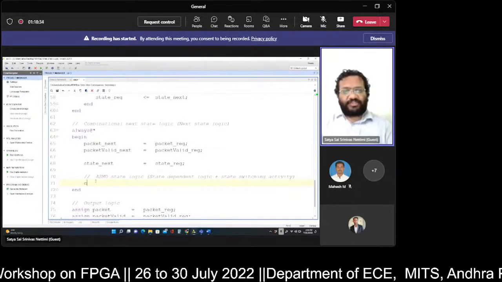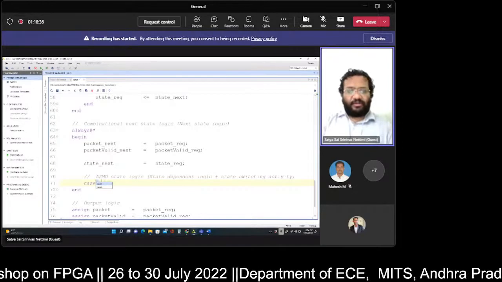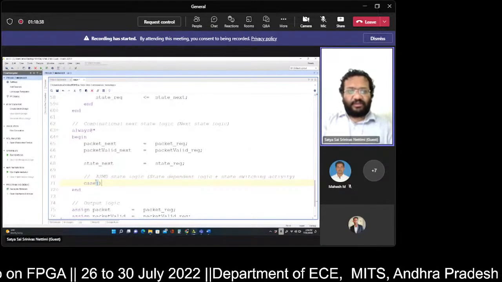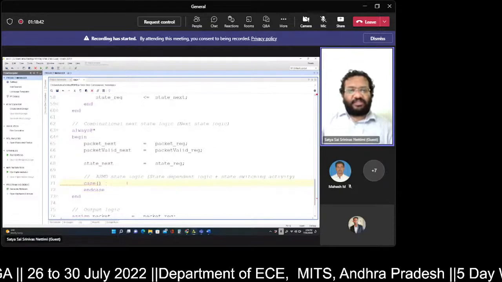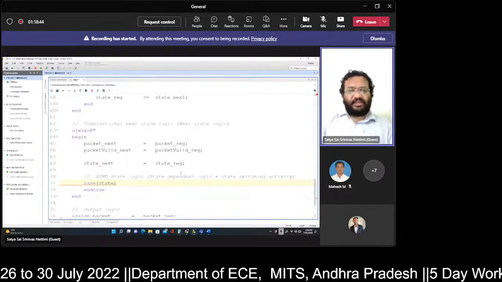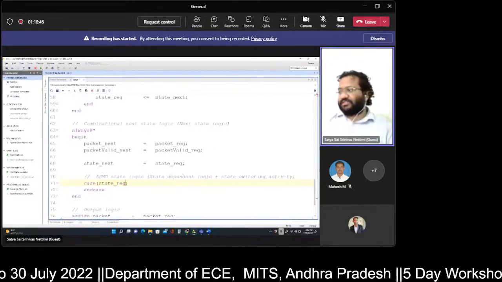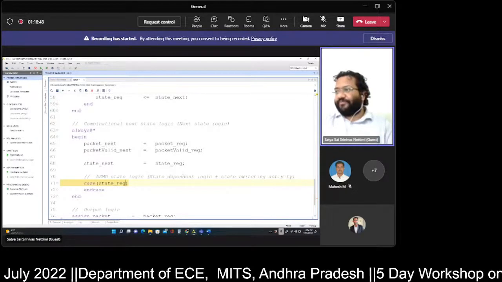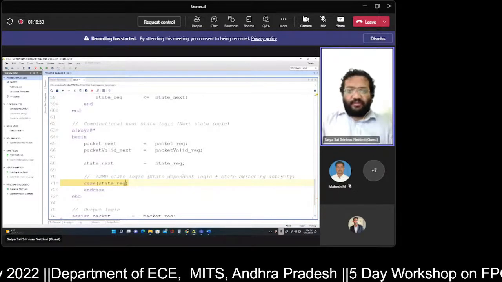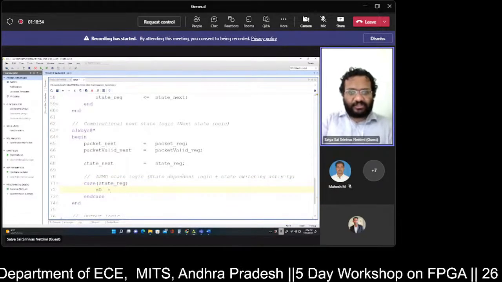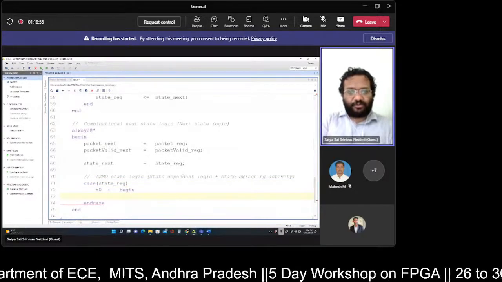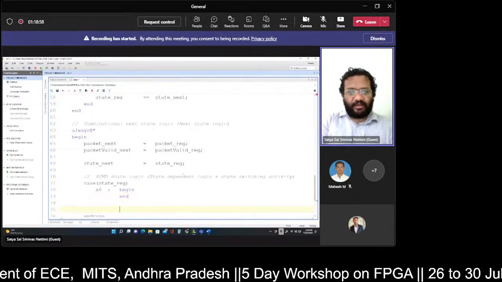So first we start with a case statement, case, end case, and in the case logic we just check the state register. So if the FSM is in the S0 state, what is it supposed to do?